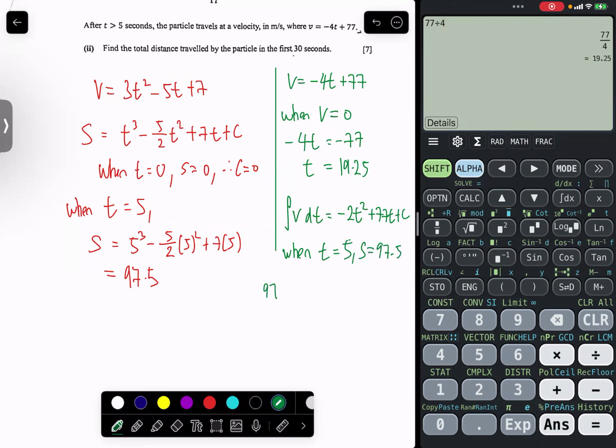So 97.5 equals negative 2 times 5 squared plus 77 times 5, plus c. So c equals negative 50 plus 77 times 5, 335.